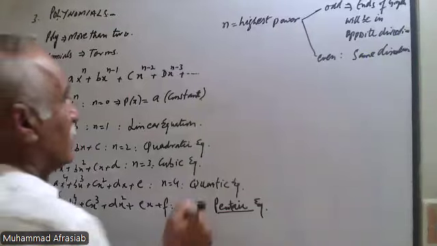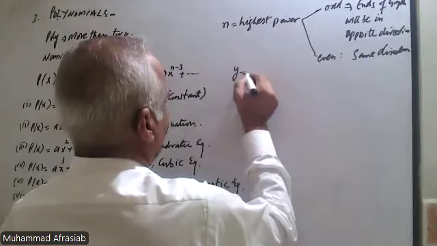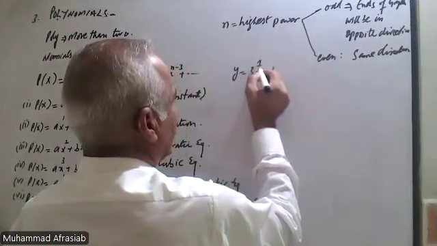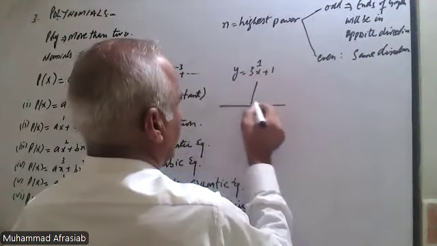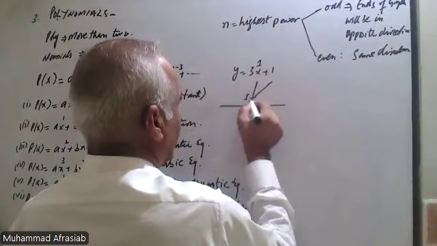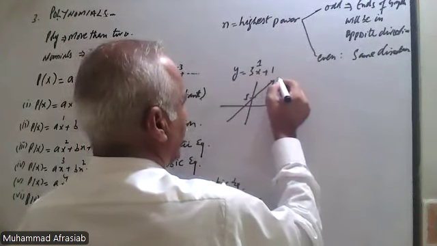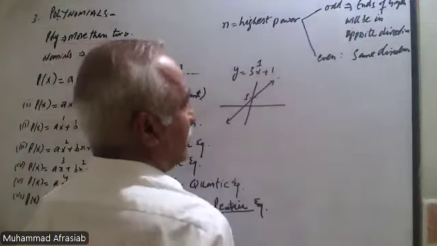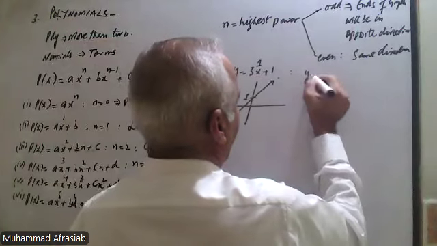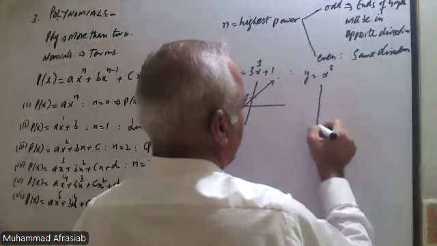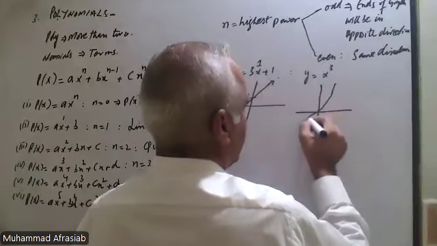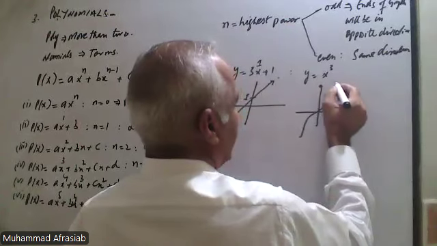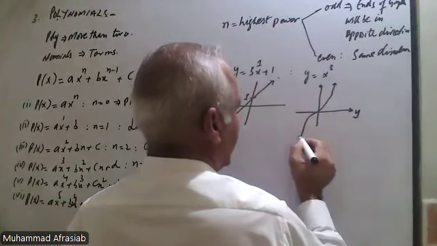For example, y is equal to 3x plus 1. The highest power there is 1. So the graph of this will be, this is 1. So the ends of this graph, one is upward and one is downward. So it is in the opposite direction. For example, y is equal to x^3. This is the x-axis, this is the y-axis, and one end is upward and the other end downward.